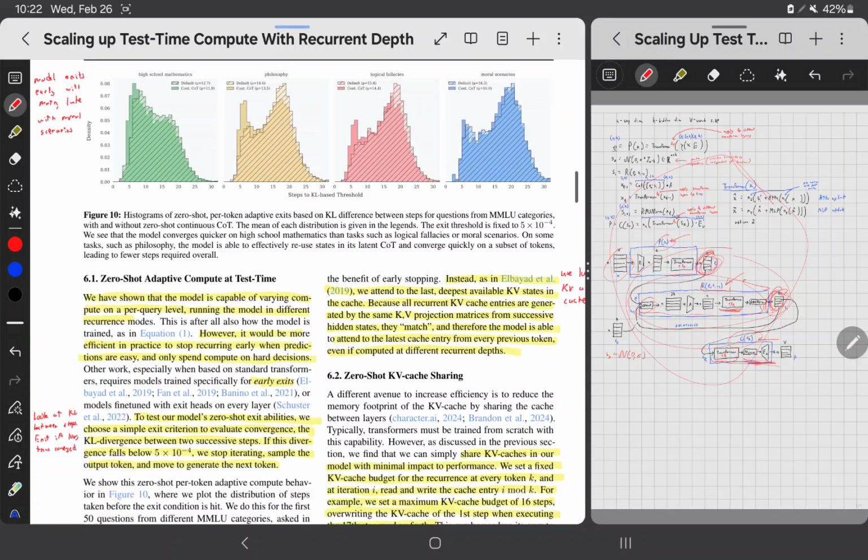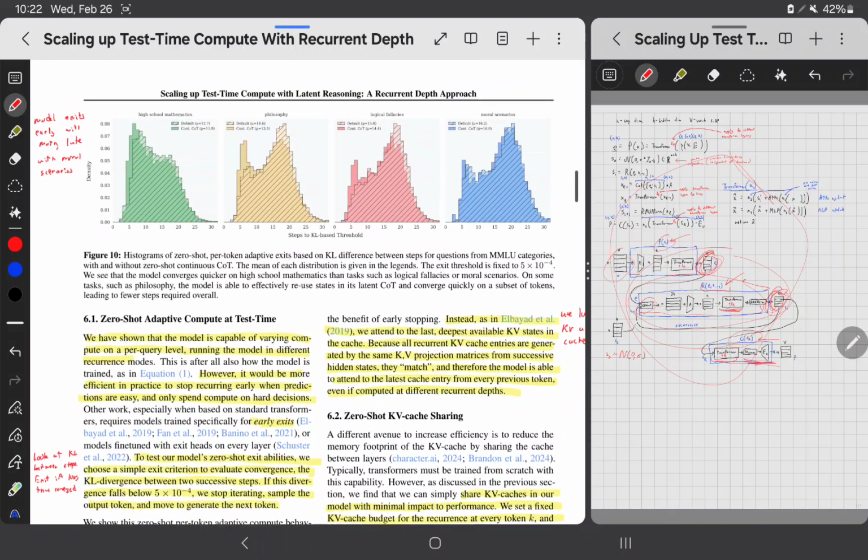We just trained it on this random distribution of recurrence operations. But interestingly, if we look at the KL divergence from each iteration of this recurrence operation, we can see whether the output of the recurrent operation converges at some point.